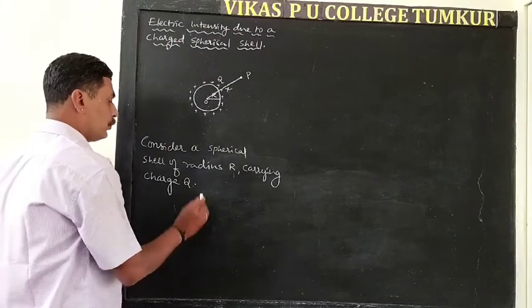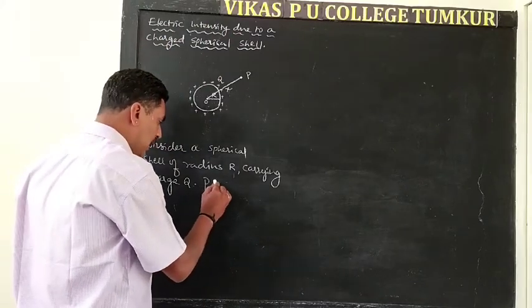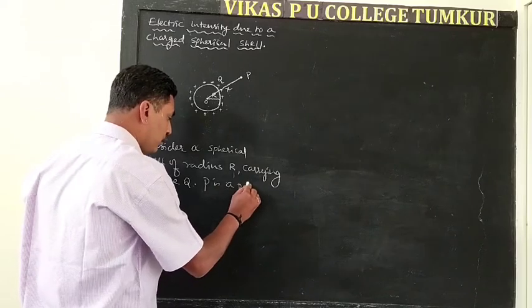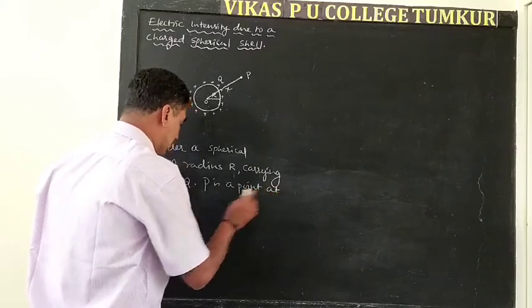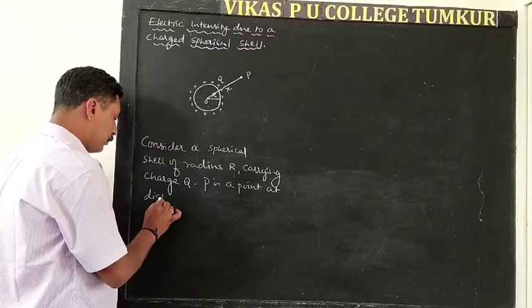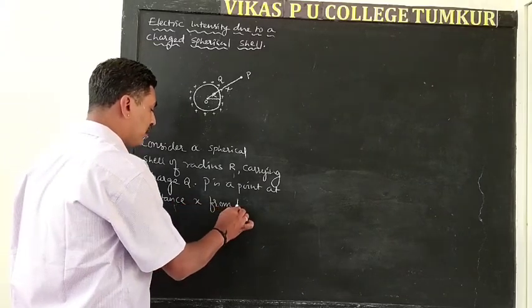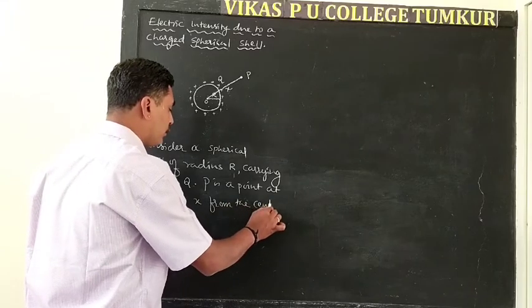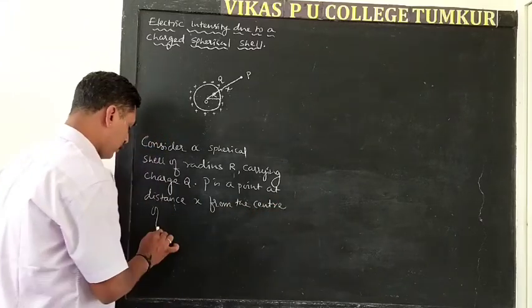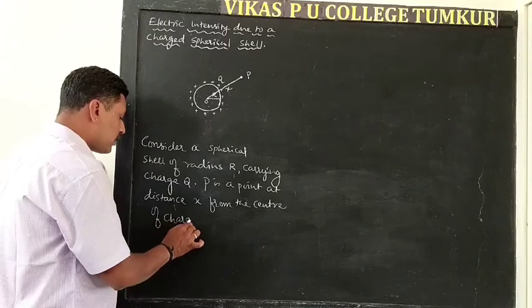So P is a point at distance x from the center of the charged sphere. Right.